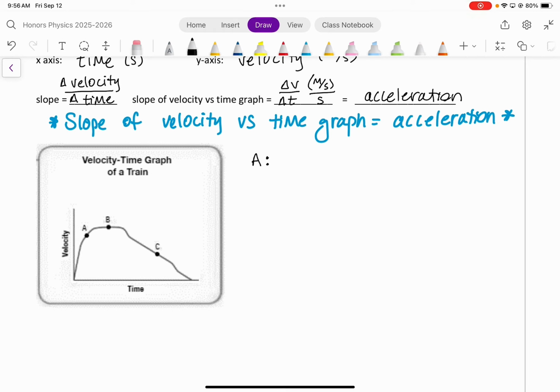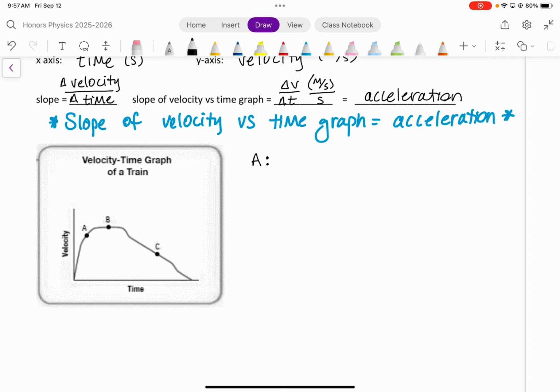Constant. It's going to be constant, and it's constant what? Velocity. Actually, no. It's going to be constant acceleration because it's a constant slope.